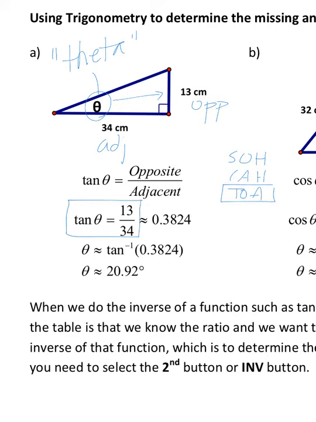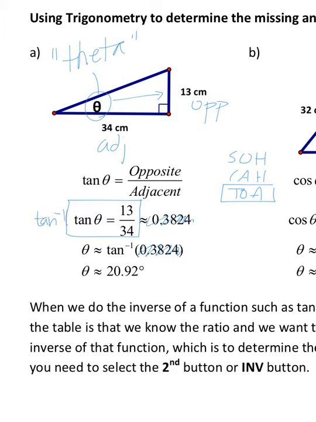And I've got to say I'm not a fan of the decimals that they have in the rest of their work. So what I would expect of you is to begin to understand that in order to get theta on its own, just like if we had 2x equals 4, we would divide both sides by 2. Here, if we want to get the theta alone, we're going to do what's called the arctangent or the inverse tangent to both sides.